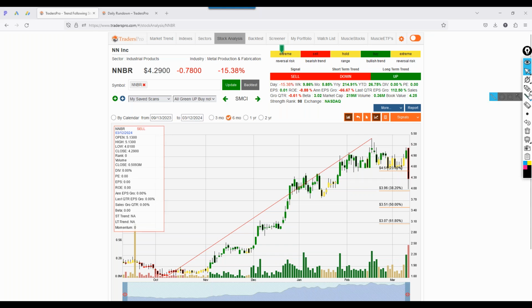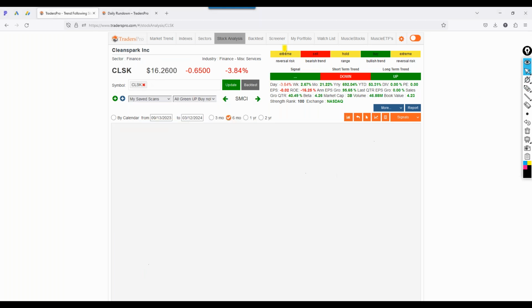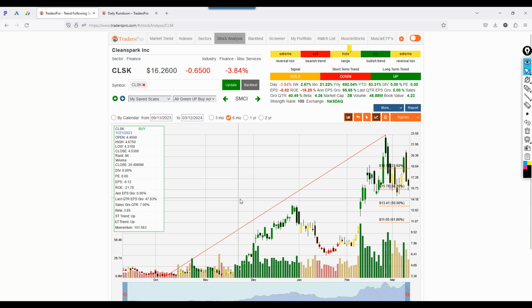It could just be a deeper retracement. Just like that crypto stock, just like CLSK here, back here. This retracement, it gets stopped out, it kind of flounders here, and then ultimately it trends down.